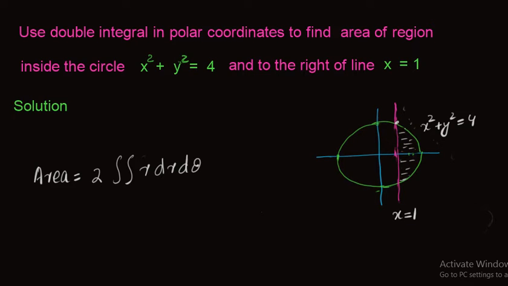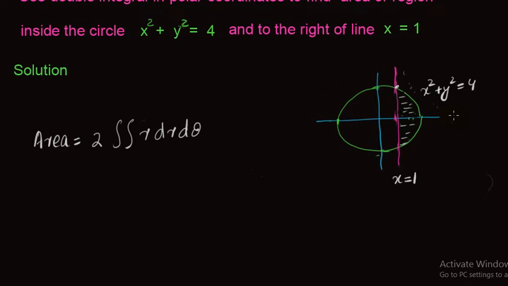So theta equal to 0 along x-axis, and at this point we need to find the value of theta. Now this point is the intersection of the line x equal to 1 and the circle x square plus y square equal to 4.